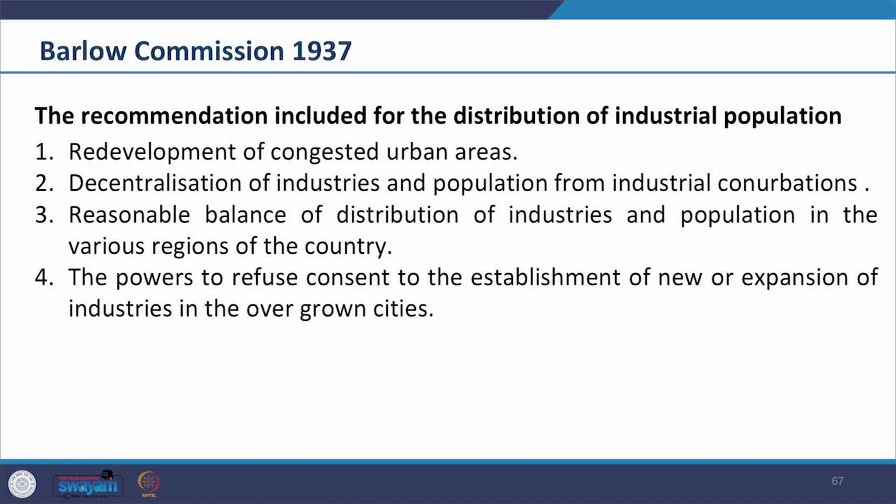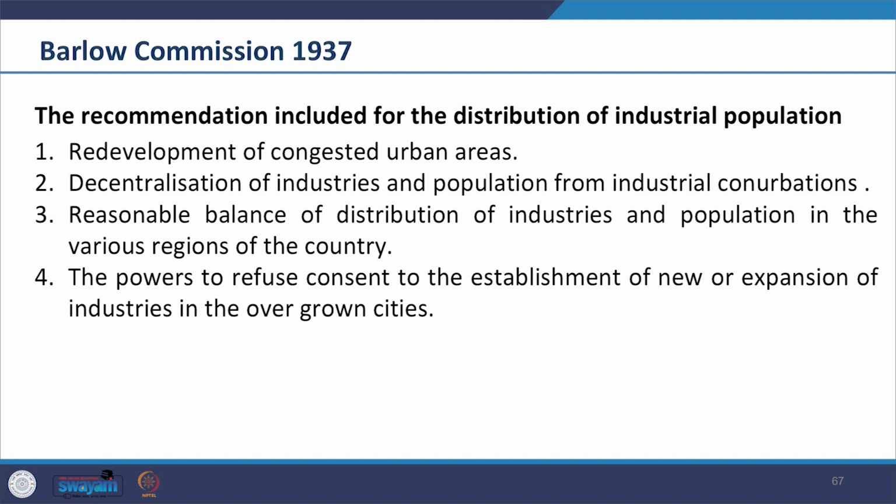So, diversification and decentralization were also thought of at that time. The recommendation by the Barlow Commission included to redevelop the congested urban areas, and further decentralization of the industries and population from the industrial conurbation.